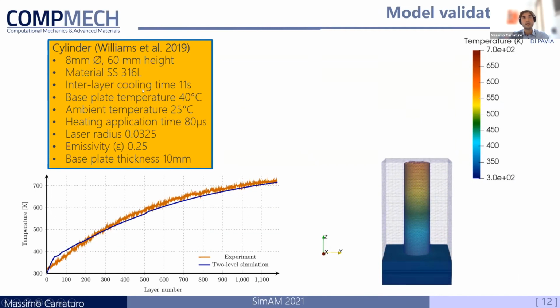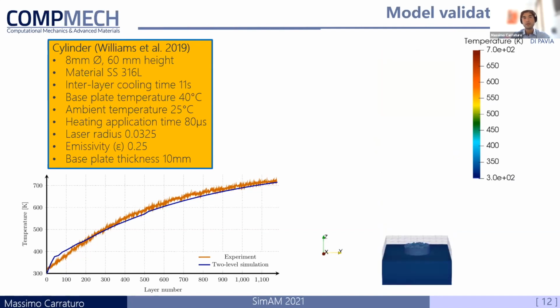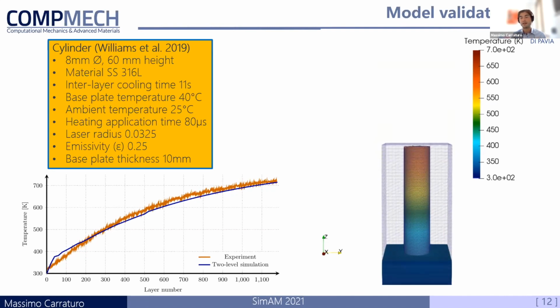They chose an interlayer cooling time of 11 seconds, and they measured the activation temperature at each layer. As we can see, with the proposed two-level approach, we are able to closely capture these experimental results. Of course, this work doesn't mean that the method and its implementation is completed, but at least we are confident that we are going in the right direction.